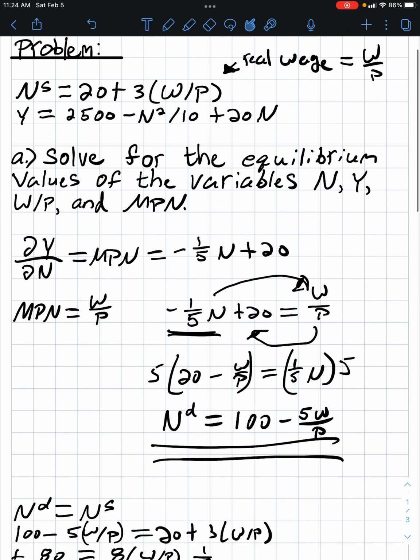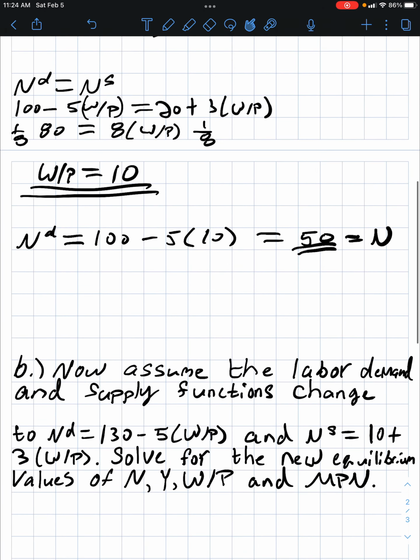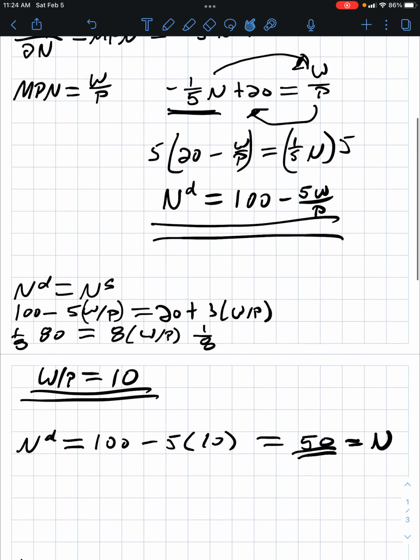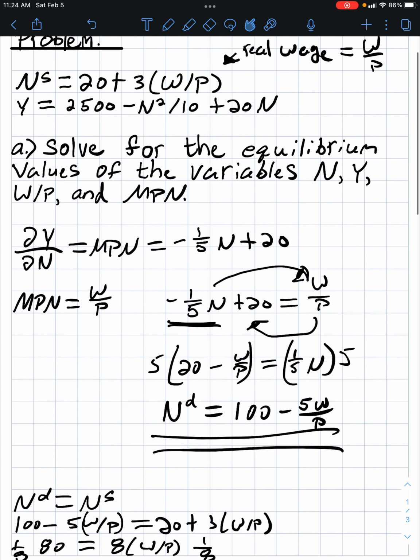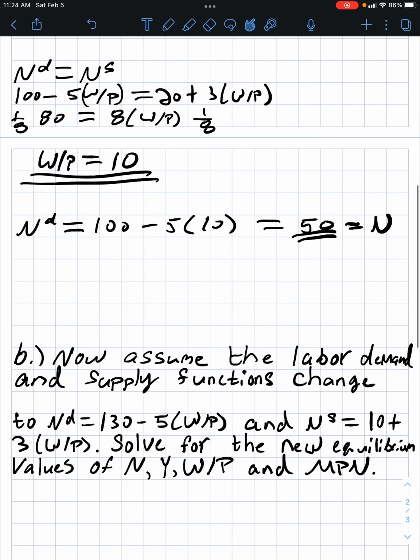And finally, to find our y value at equilibrium, we just plug the values we just discovered into our production function, so just n.